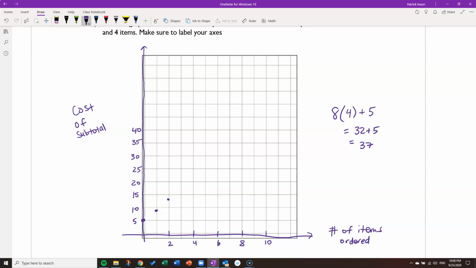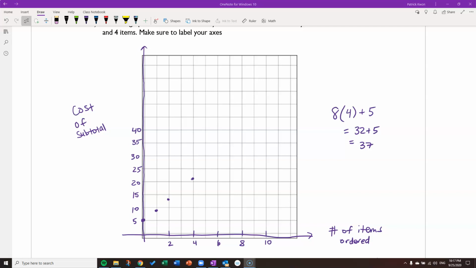So if I ordered 4 items, times 4 is 16. 16 plus 5 is 21, so that would be about right there. And then in most problems, we would connect these dots to create a line. However, I kind of alluded to this earlier in this example that you can't really have fractions of orders, and in this case, we can really only have whole number orders.